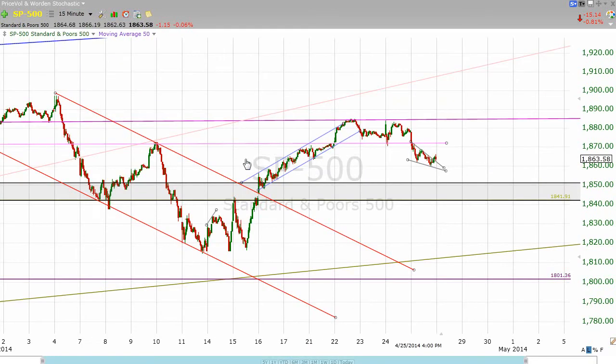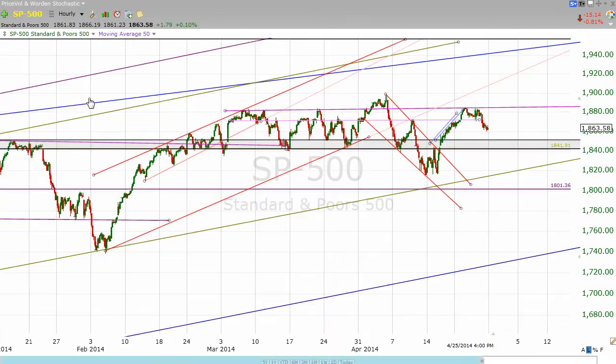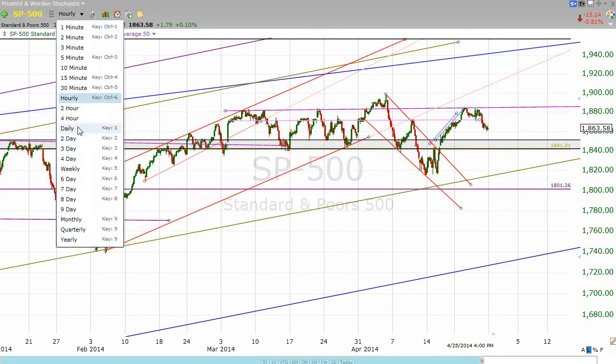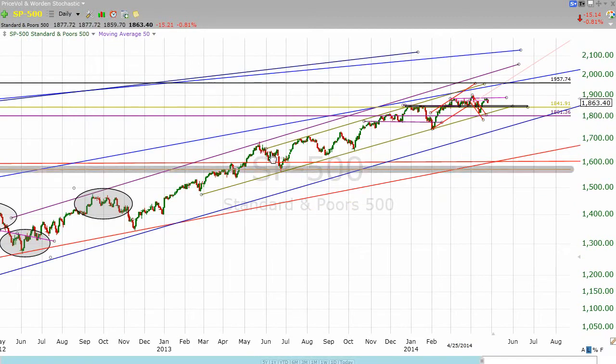Somebody asked me, not at sp500chart.com, but elsewhere, don't you think the S&P is at a top? Well, it could be, but until we break through some of our important support levels, I think that's purely speculation, because we could have speculated back in May of 2013 that we were at a top.